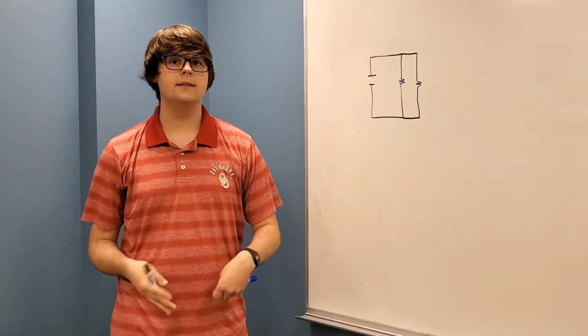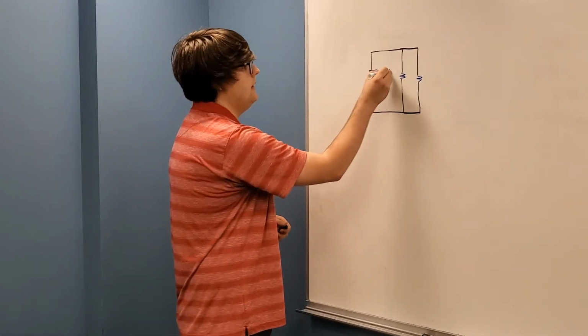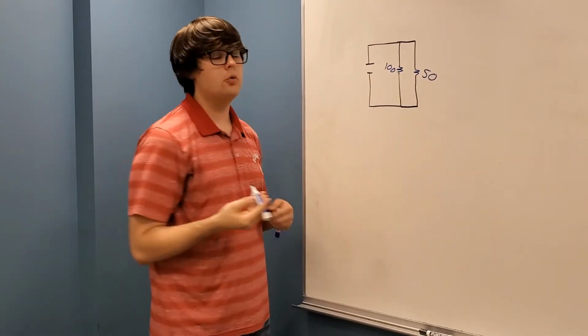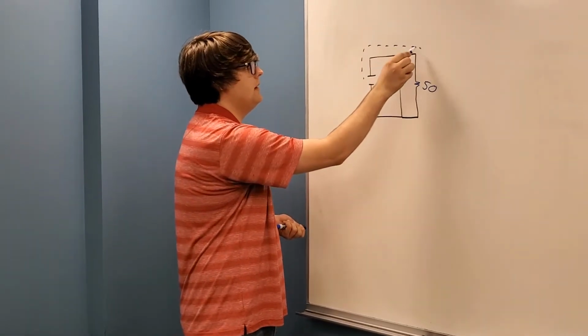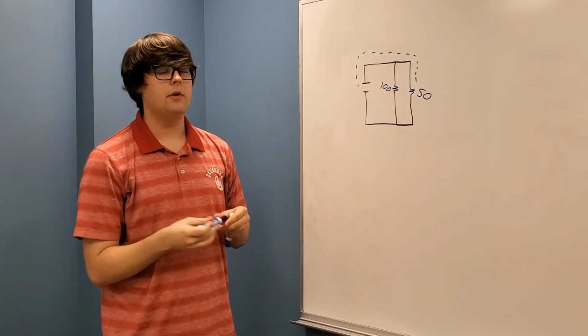Even though electricity likes to take the path of least resistance, let's say this resistor is 100 and this resistor is 50, there will still be some current wanting to run from the power source to this 100 ohm resistor, even though it'll be a lot less.